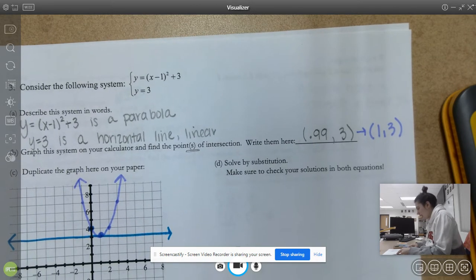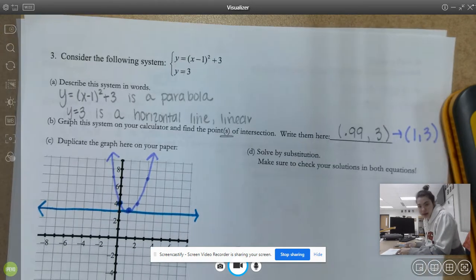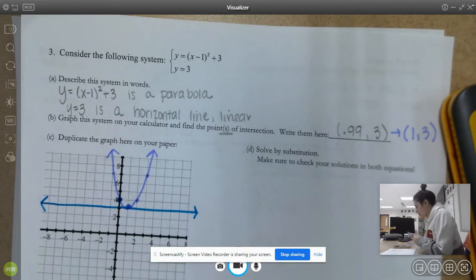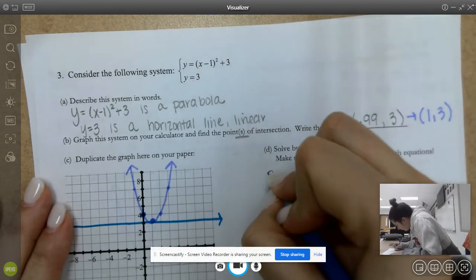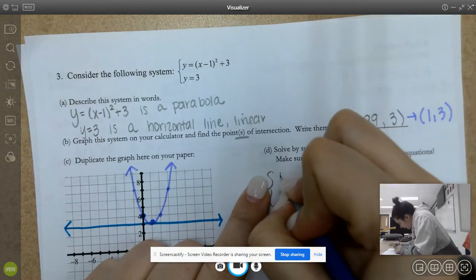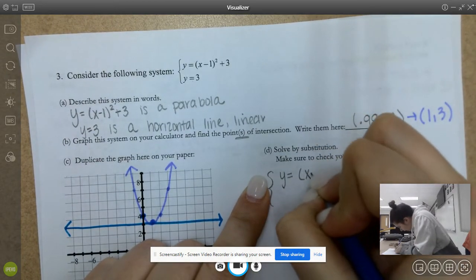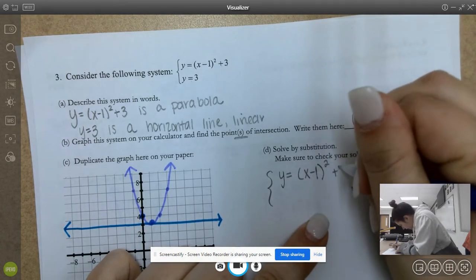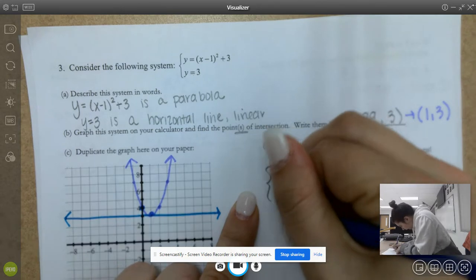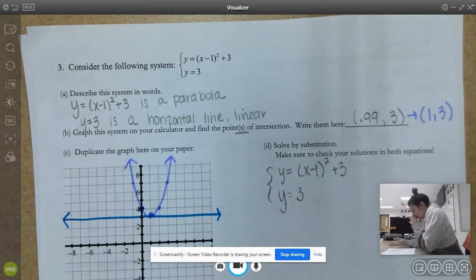So let's see what happens here. If we are solving by substitution, we rewrite the system: y equals (x minus 1) squared plus 3, and y equals 3.